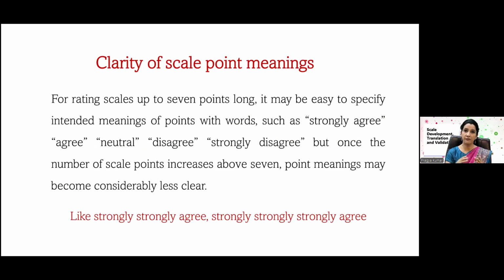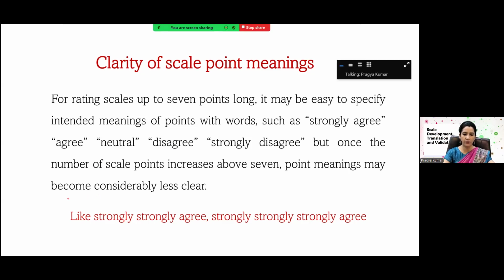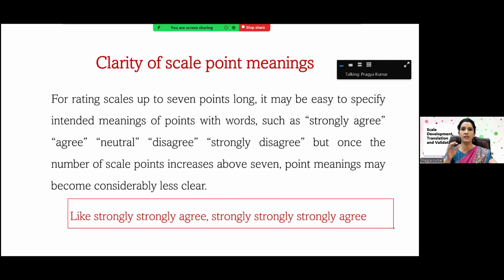But if you increase beyond 7, the wording becomes useless. You cannot write strongly agree like you see here. How will you write? Here we have written strongly 3 times, so the meaning will not be conveyed.